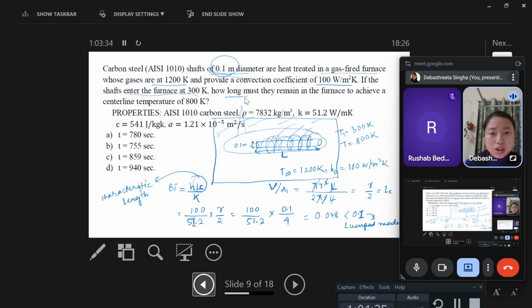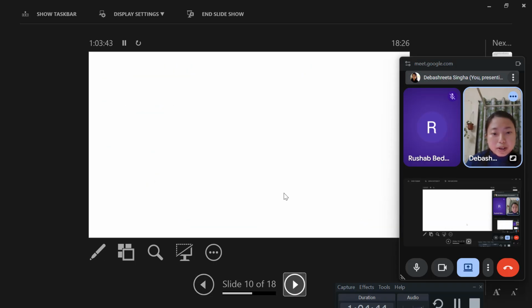So what they have asked to find out: how long must they remain in the furnace to achieve a centerline temperature of 800 Kelvin? So you need to find out the time duration.